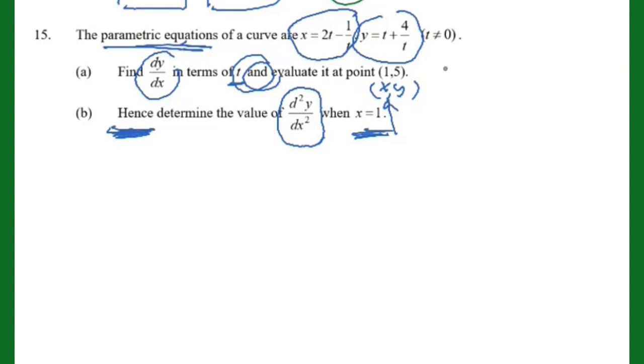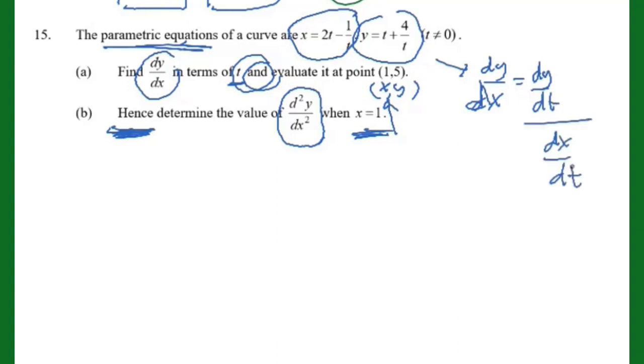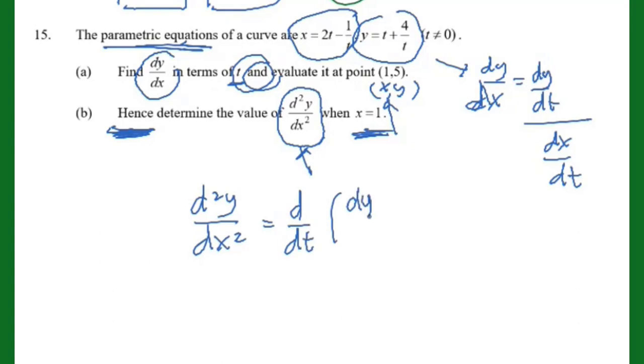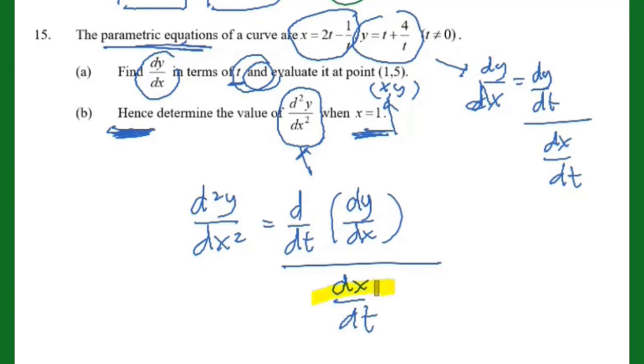First thing you need to find dy/dx, using the chain rule: dy/dt over dx/dt. And this formula, d2y/dx squared is equal to d/dt of dy/dx over dx/dt. If you look, this one is over dx/dt, this one is over dx/dt, so it's the same.